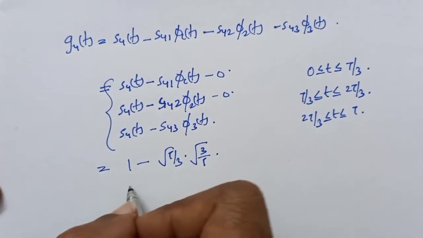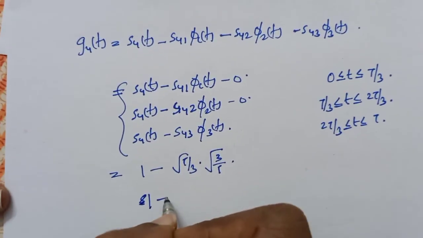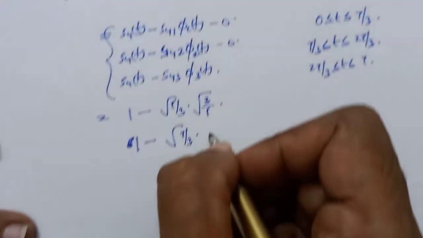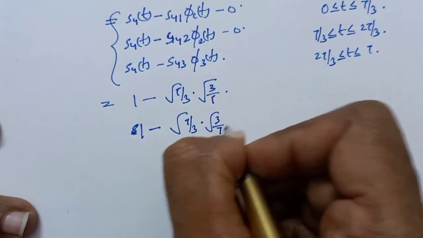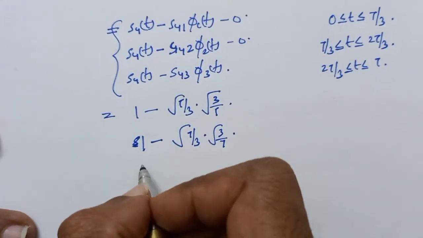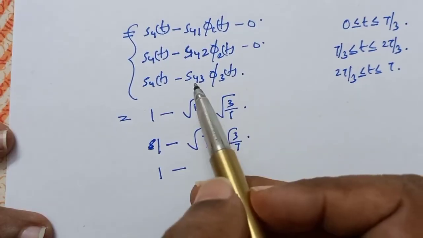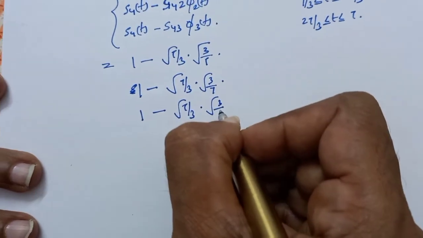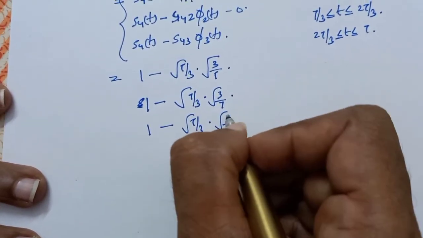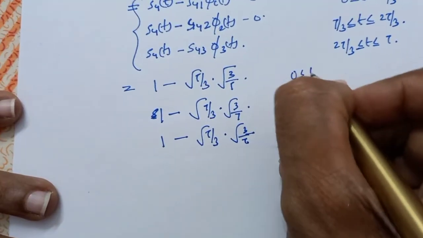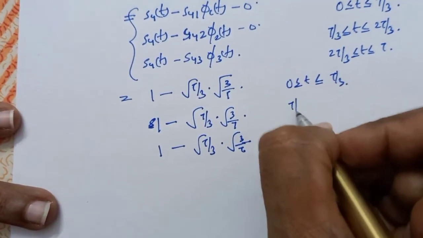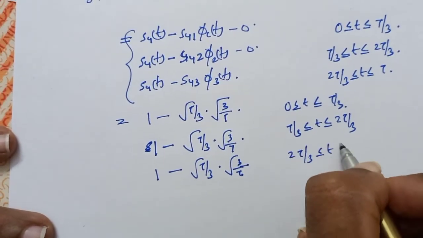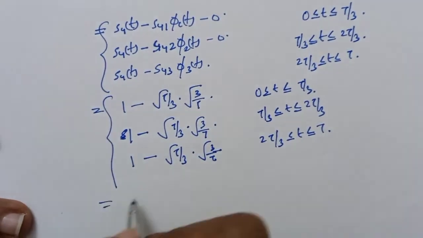Again the next step is s4(t) is 1 minus s42, which is also root of T by 3, into φ2(t), which is root of 3 by T. Now s4(t) is again 1 minus s43, which is again root of T by 3, into root of 3 by T. So for 0 less than or equal to t less than or equal to T by 3, T by 3 less than or equal to t less than or equal to 2T by 3, and 2T by 3 less than or equal to t less than or equal to T, this will be 0.